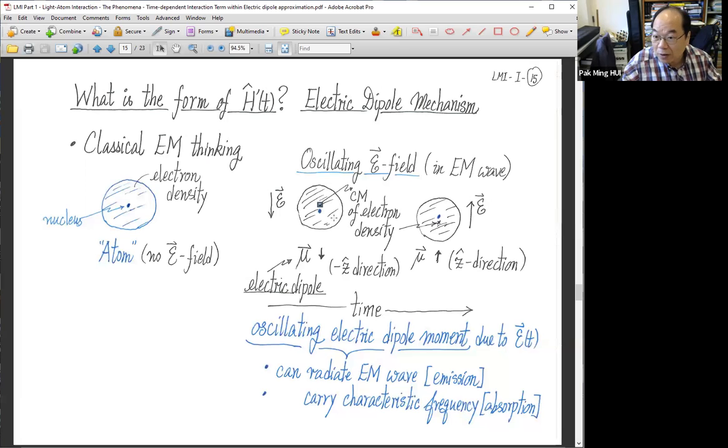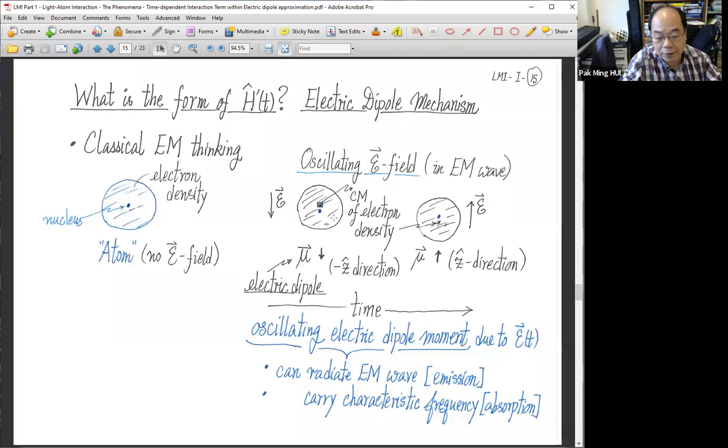You know the response. There could be a resonance, and you will see that is exactly the same physics, but exhibiting it in quantum mechanics. The resonance means later on in quantum mechanics, I have this initial state, I have this final state, the incident light h bar omega must be of the right energy in order for this absorption or stimulated emission to occur.